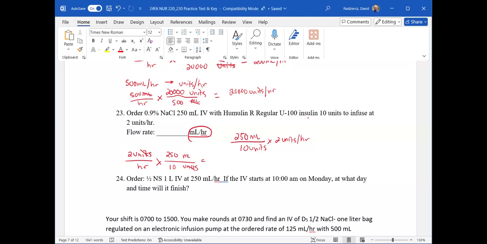And what I will tell you is that if you try a couple of the practice problems, and you find that you're missing them or getting the wrong answer, then we can have a conversation about how to remedy that. So in this scenario, 2 times 250 is 500, divided by 10, and you're going to get an answer of 50 milliliters per hour.